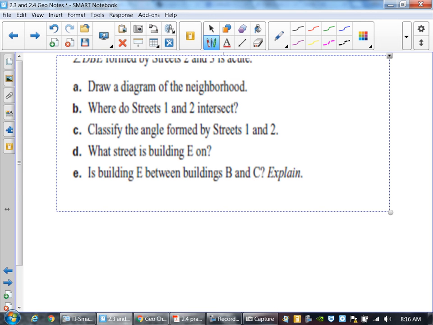What kind of angle is formed by streets 1 and 2? Correct. Now, most streets, when city planners set this stuff up, you guys realize that most streets are parallel to one another, and then they have the perpendiculars going between. That's how most street grids were made up. If you look at Chicago, that's how it all is.